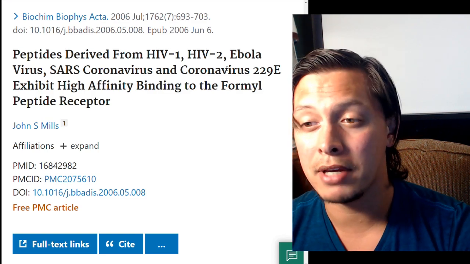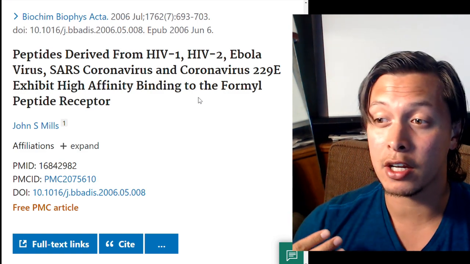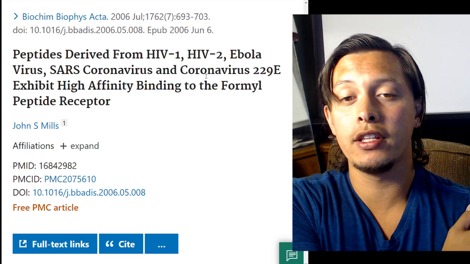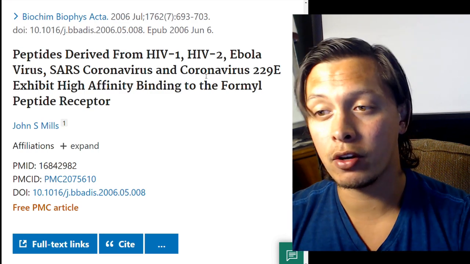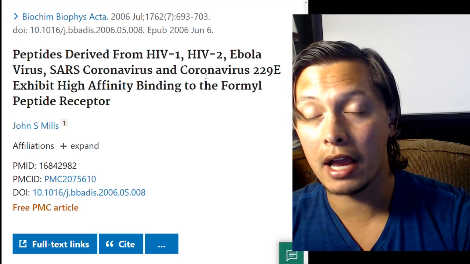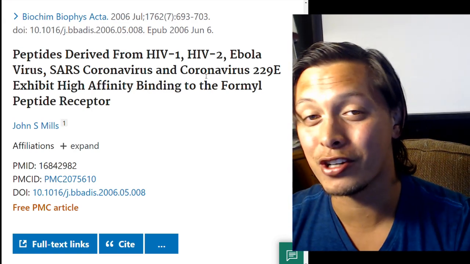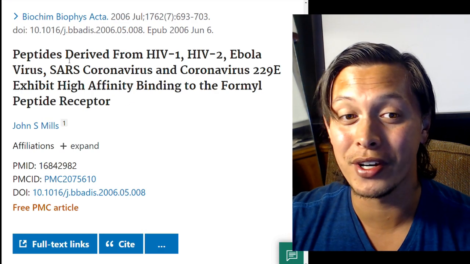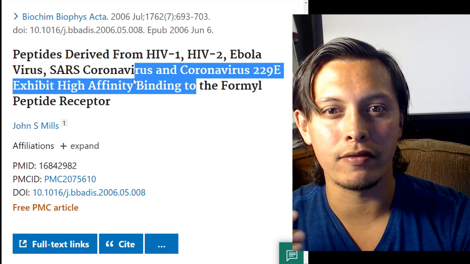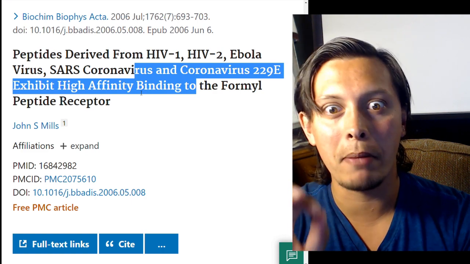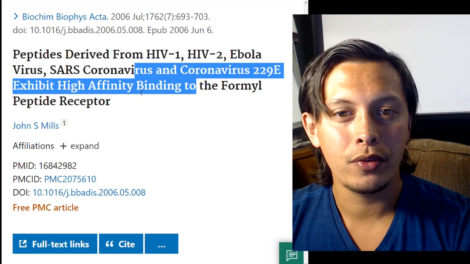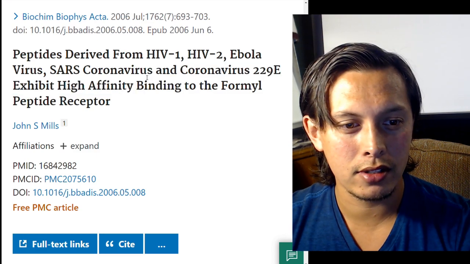So maybe this particular peptide, if it ends up getting released in some way, shape, or form, then theoretically it might be interfering with your ability to smell. I'm making a large assumption right now, and I would normally really look into it, but I think we should continue. But just keep in mind, this is sort of my thought process of how do we go about trying to figure out what this beast is? So X that out, X that out.